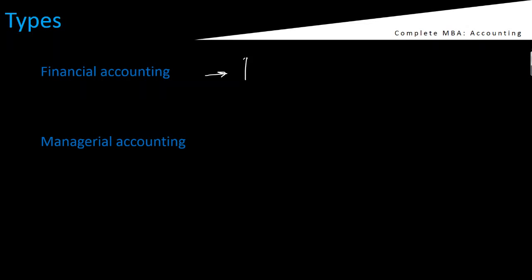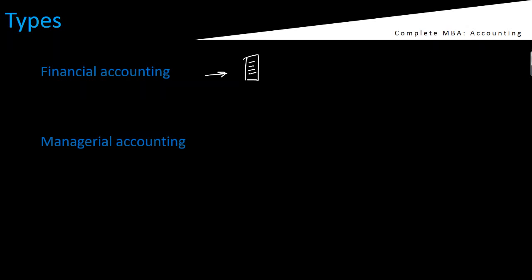You should also learn about the different types of accounting that there are. There are two main types and then a family of others. The two main types are the financial accounting and the managerial accounting. In financial accounting, accountants learn how to create standardized financial statements.